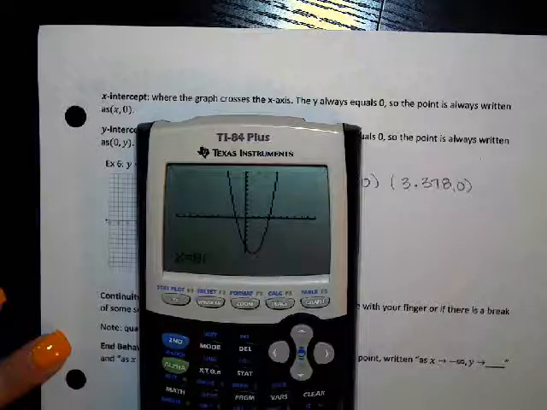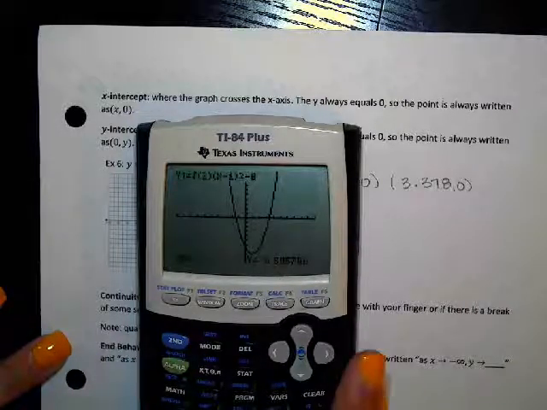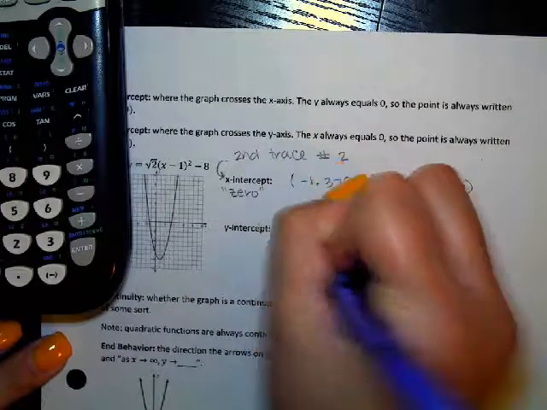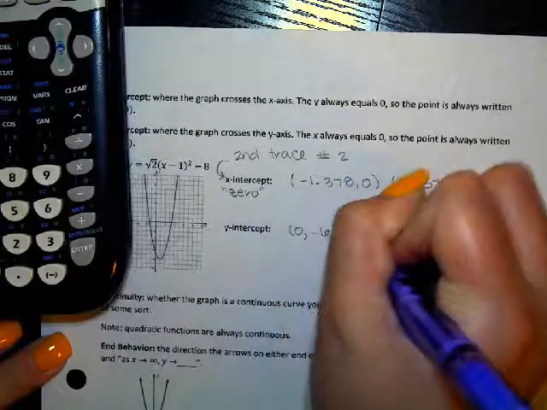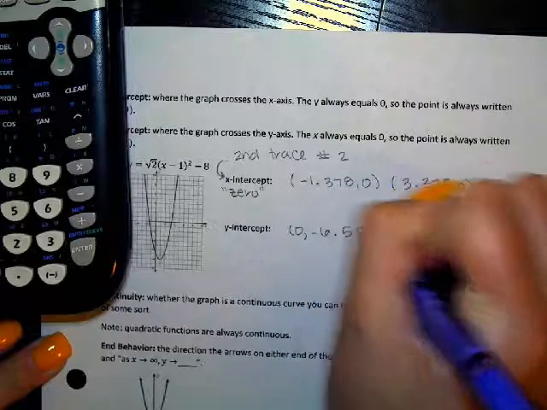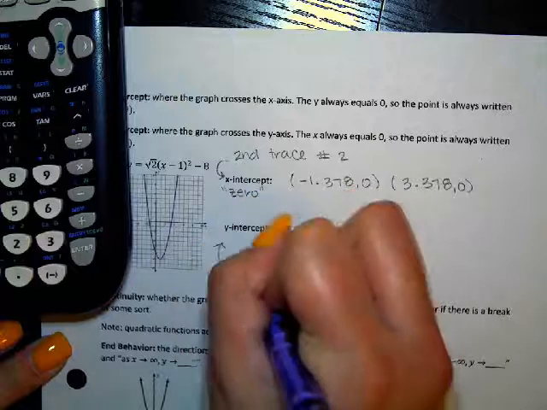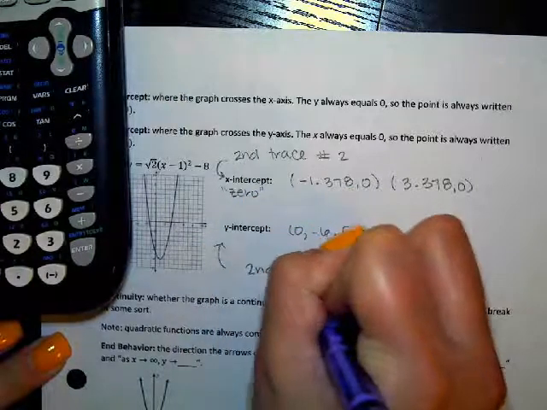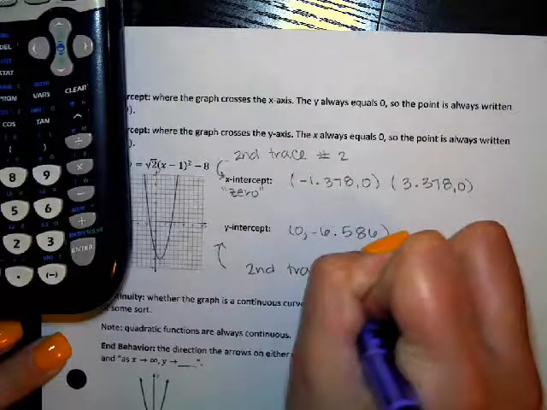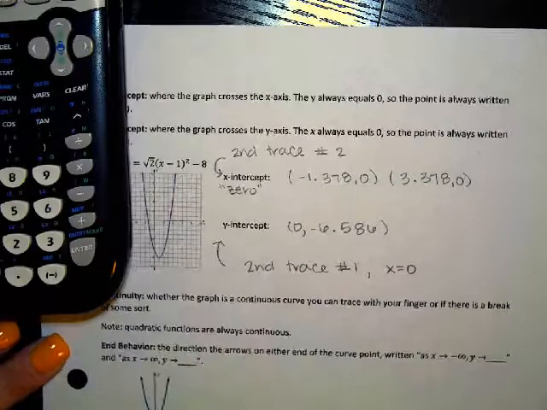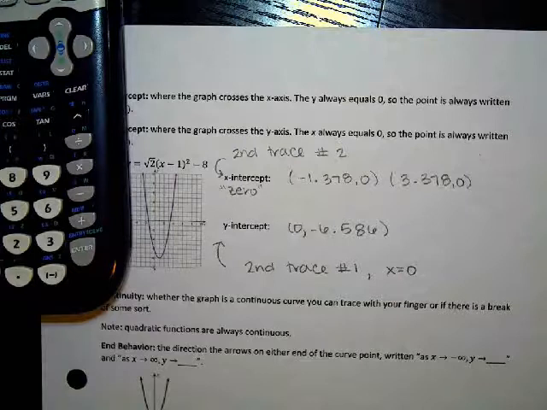So there is the y-intercept there. So our y-intercept is 0, -6.586. So this one, our instructions are second trace number 1, and we're plugging in x equals 0. You can plug in any x value that we want. We wanted 0.